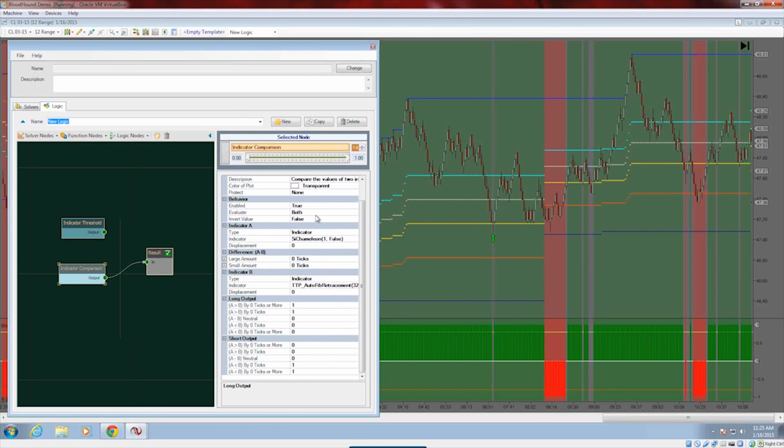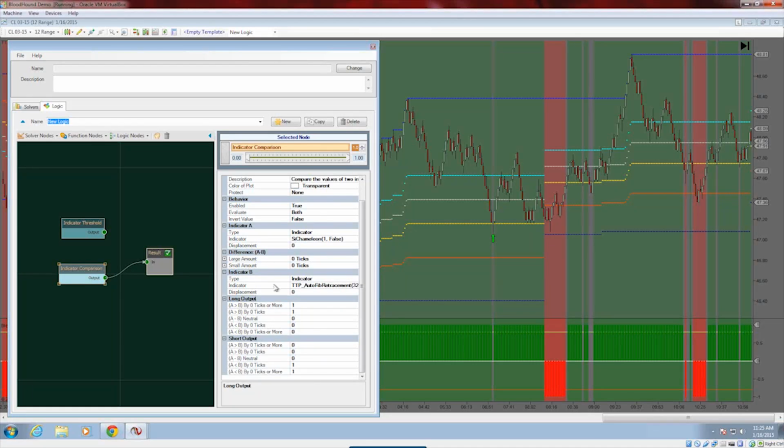I think if you're brand new to BloodHound, you need to focus a lot of your initial attention on mastering the comparison solver, because the comparison solver is the one that you're going to be using the most if you're going to be trying to build multiple different systems, testing different ideas. You'll end up using the comparison solver more often than any other solver.